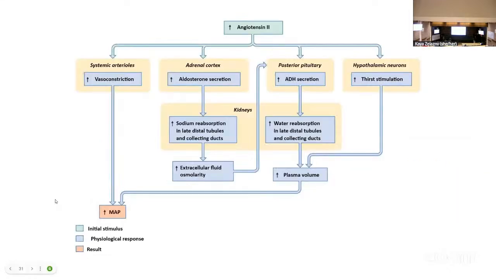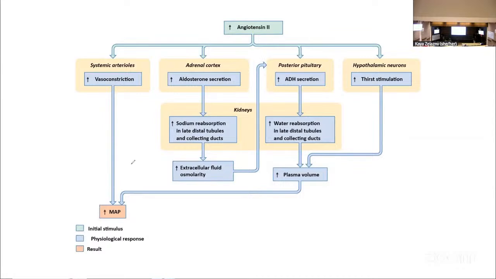Okay. So here you can see some flow charts of how this relates to our mean arterial pressure. We'll go through the details of this later because this is a little complicated and we have about 1 minute. But you will notice this in your study tables.